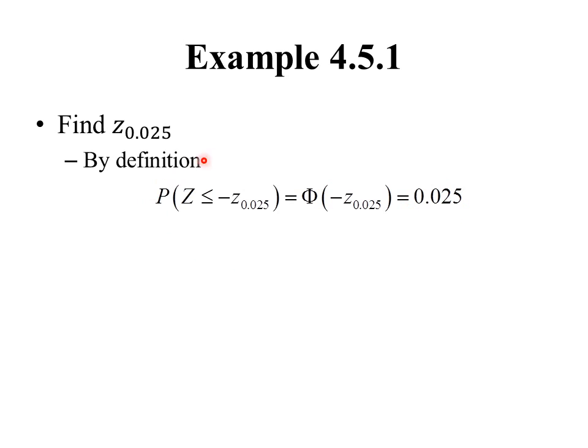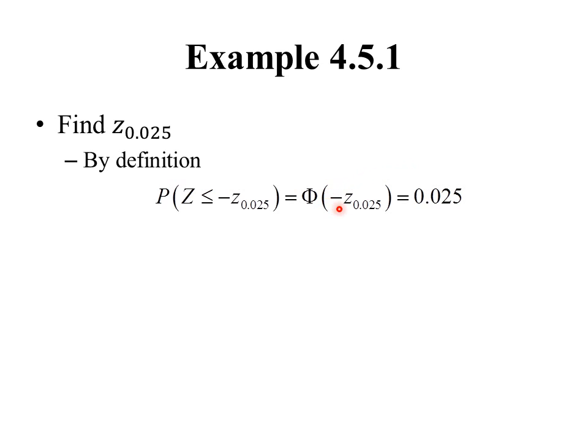Now remember, a probability of this form is a value of the cumulative distribution function, the CDF. For the standard normal distribution, the CDF was denoted capital phi. So phi of negative z sub 0.025 equals 0.025.